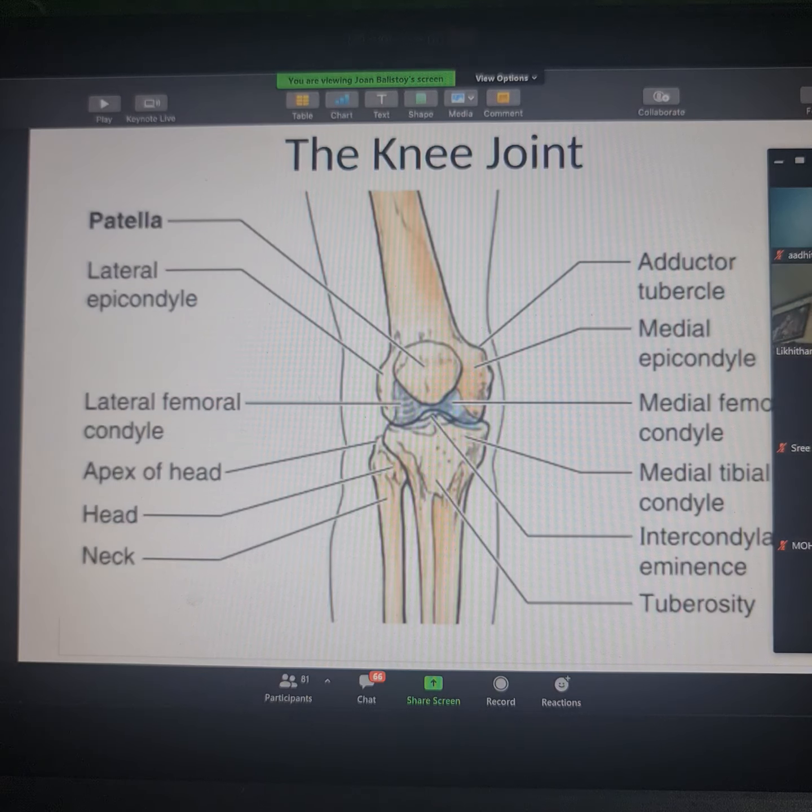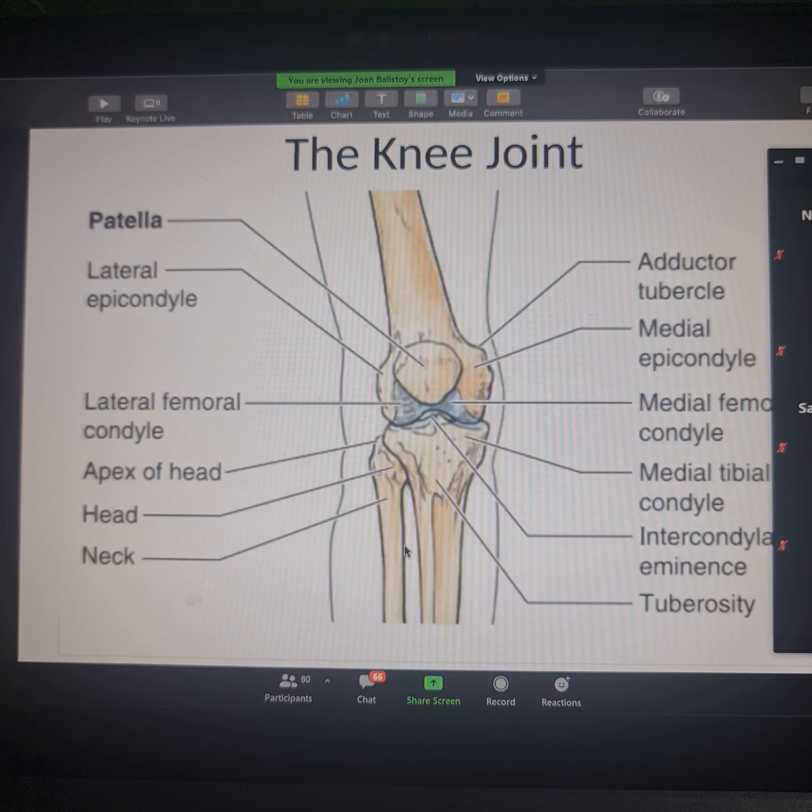Let us now explore the bones of the knee joint. So we studied already the patella. We already identified the lateral and medial condyle, which can be appreciated in the surface anatomy. All right? You have your tibia and your fibula. Now, you should not be confused with the tibia and the fibula.